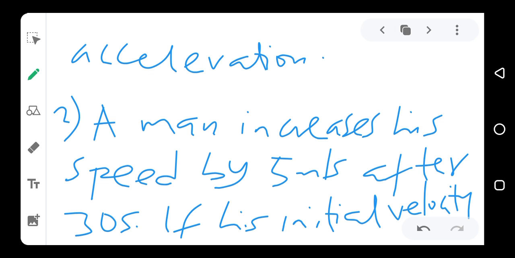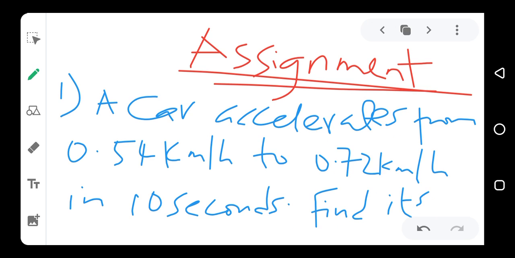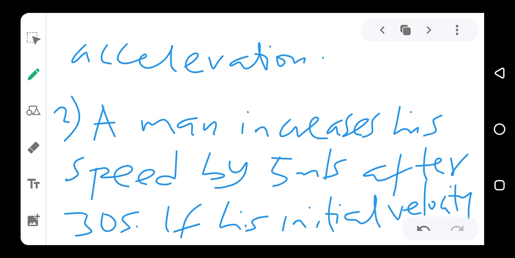Okay, assignment number 1. A car accelerates from 0.54 km per hour to 0.72 kilometer per hour in 10 seconds. It is accelerating, it is increasing. Now find its acceleration.